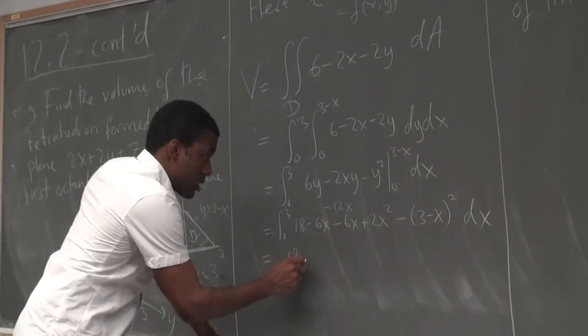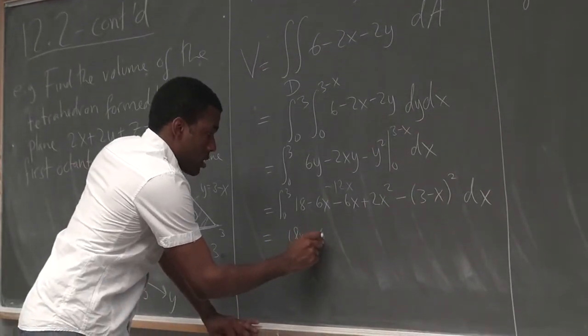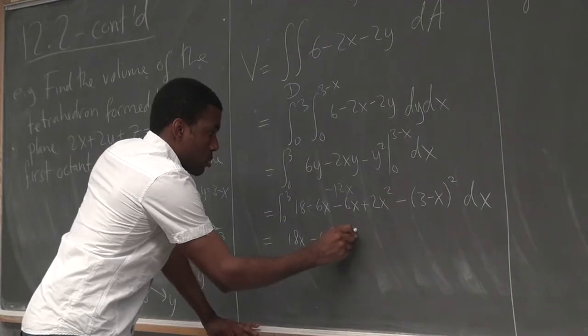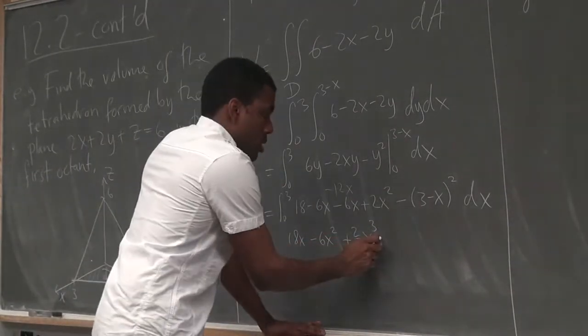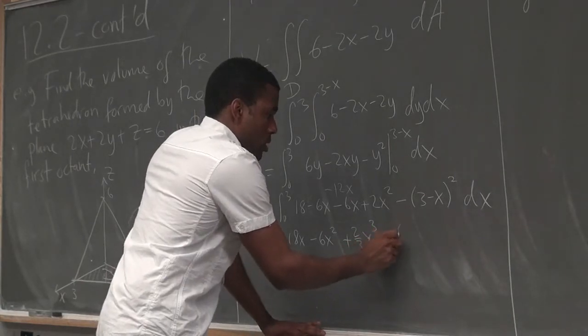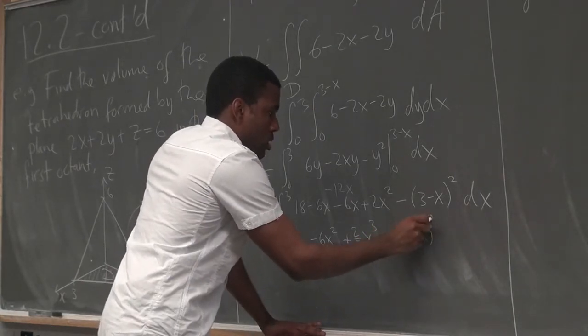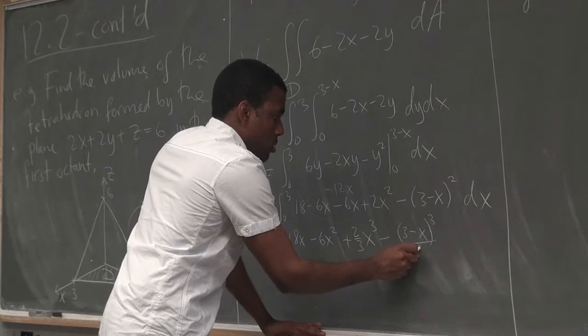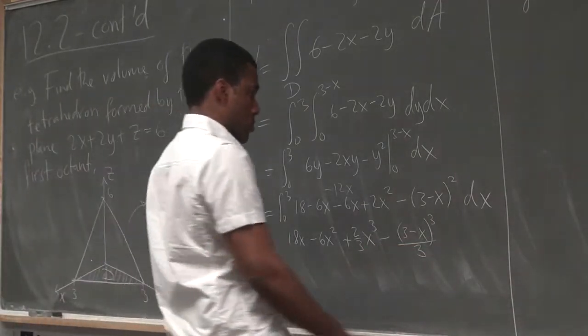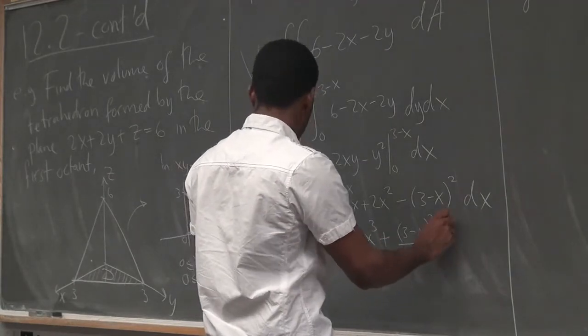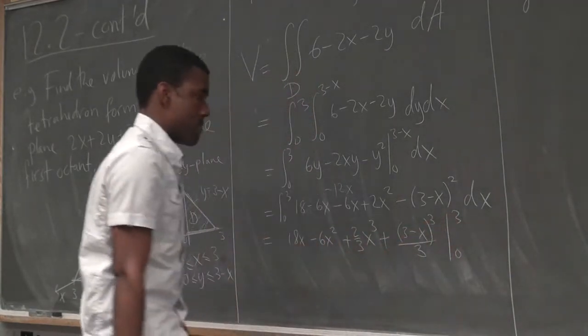This is 18x minus 6x squared plus 2/3 x cubed minus (3 minus x) cubed over 3, between 0 and 3.